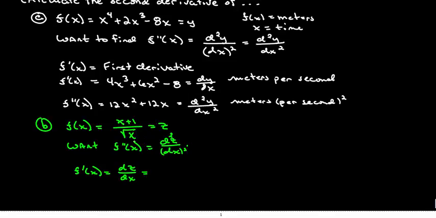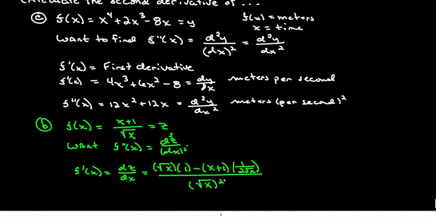This is a quotient, so we take the bottom times the derivative of the top minus the top times the derivative of the bottom. The derivative of the square root of x we know is 1 over 2 square roots of x, and that is over the bottom squared.